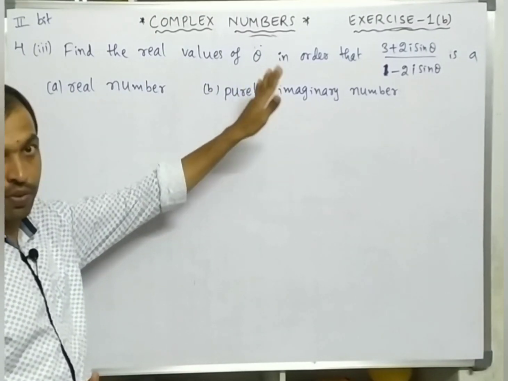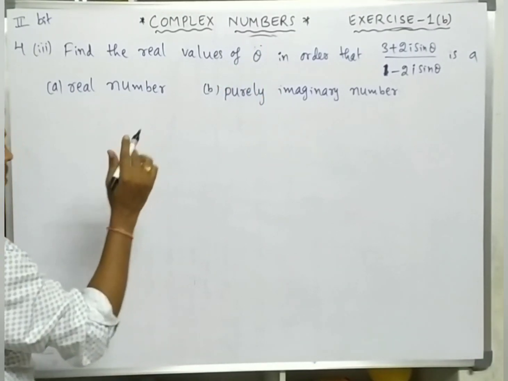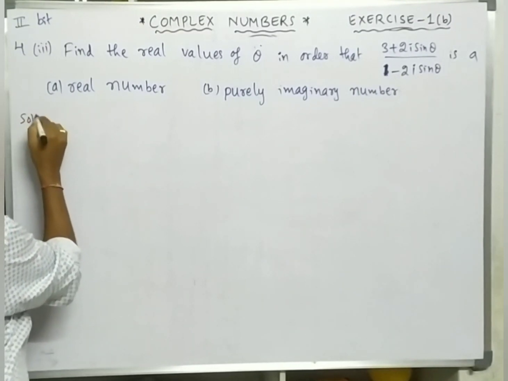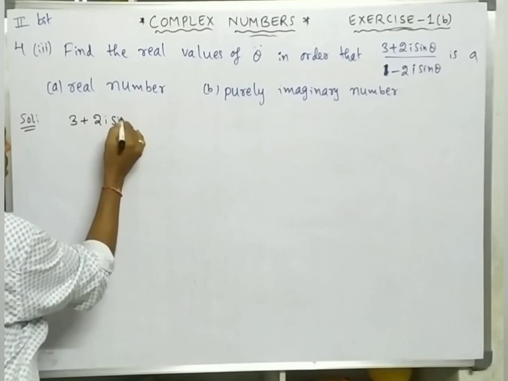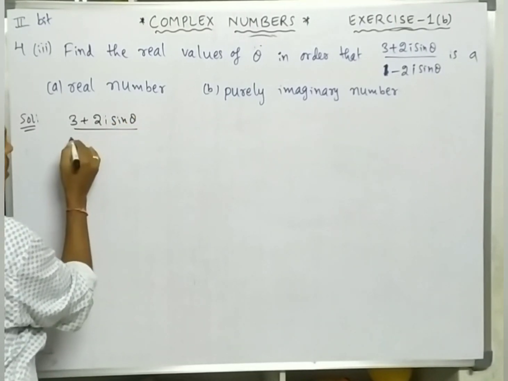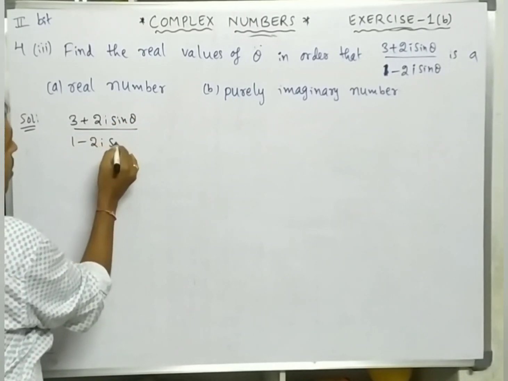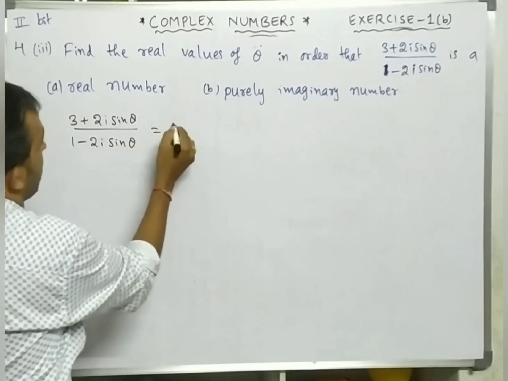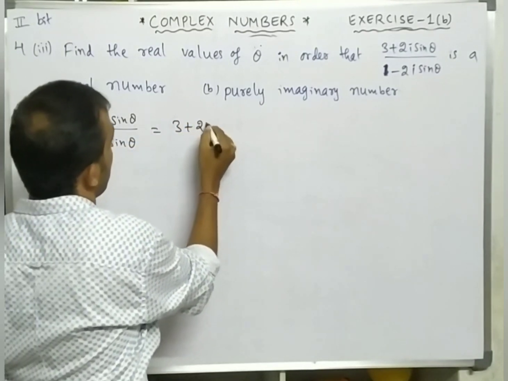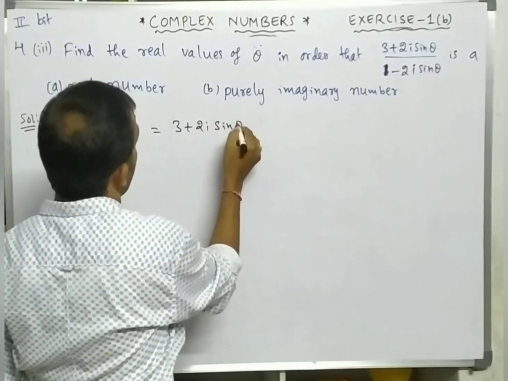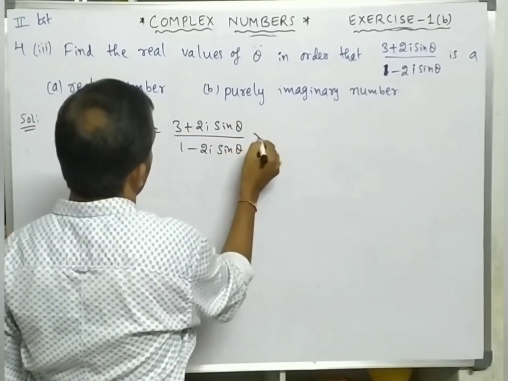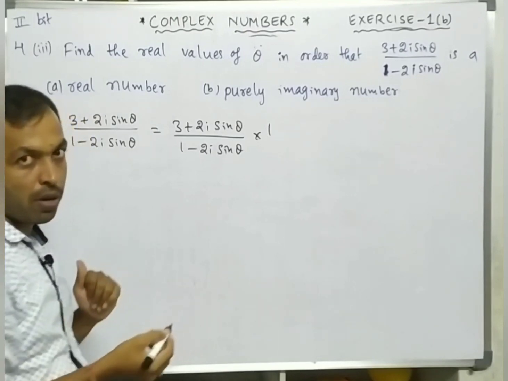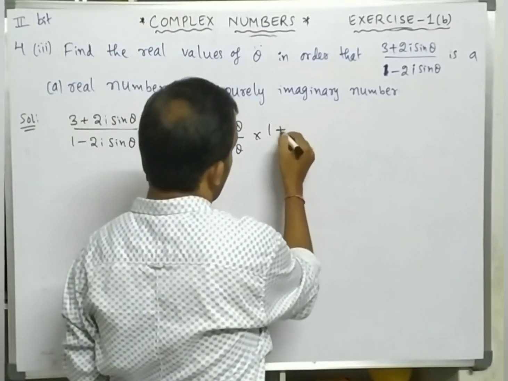First of all, take that complex number and convert it into a + ib form. For that, multiply numerator and denominator by the conjugate of the denominator. The conjugate of the denominator is 1 + 2i sin θ.